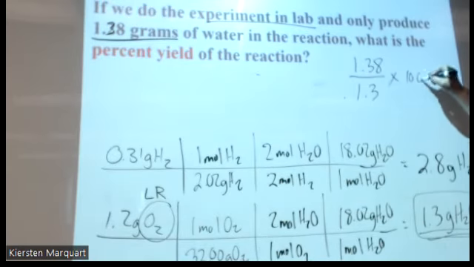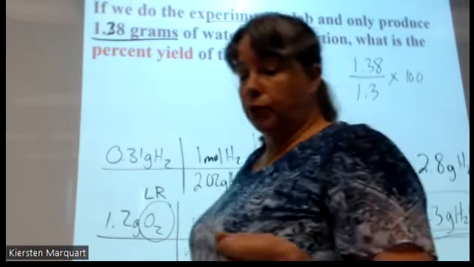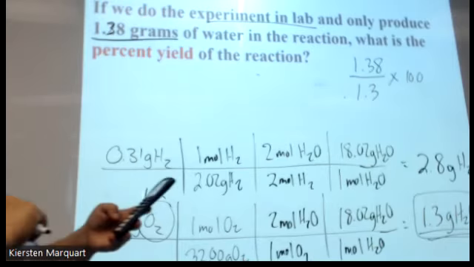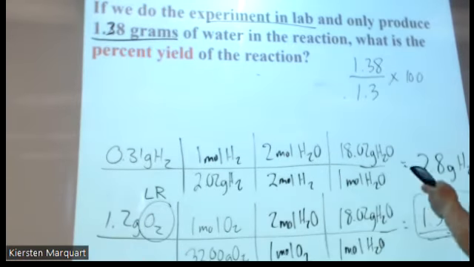times 100. It is possible to get more than 100% yield, because again, contamination or other things could happen. 1.38 divided by 1.3 times 100. I'm not going to worry about sig figs here just because I don't want to confuse everyone.